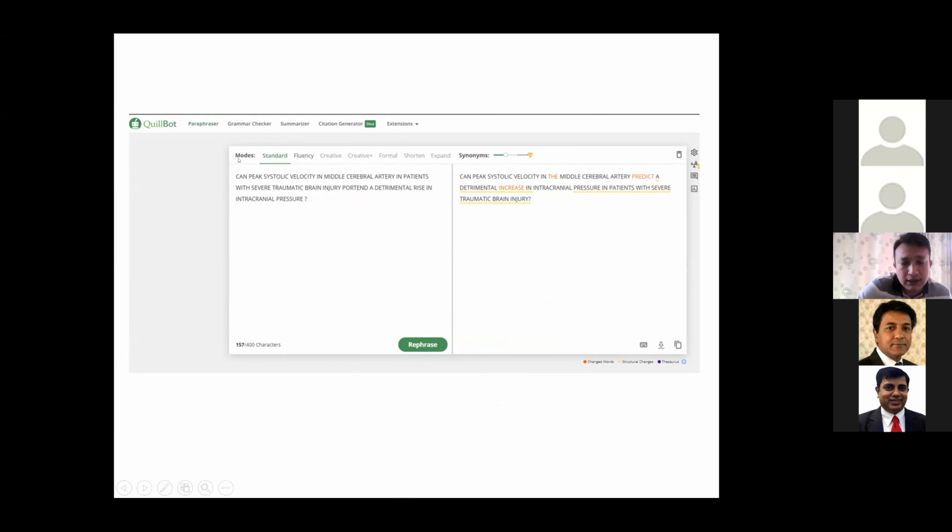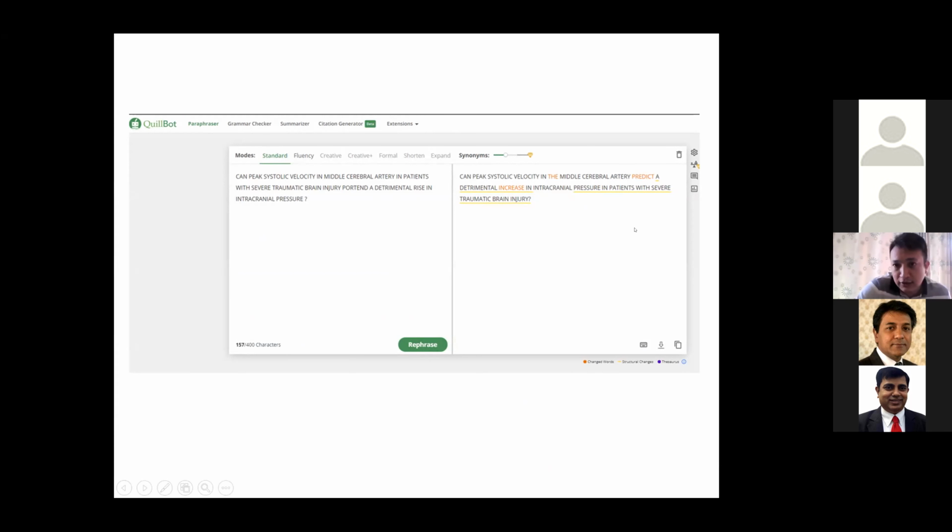I kept the sentence or the paragraph in the left side block, and once I asked for paraphrasing, it changed certain words. For example, this is a paraphrasing of the title: Can peak systolic velocity in middle cerebral artery patients with severe traumatic brain injury portend a detrimental rise in intracranial pressure?